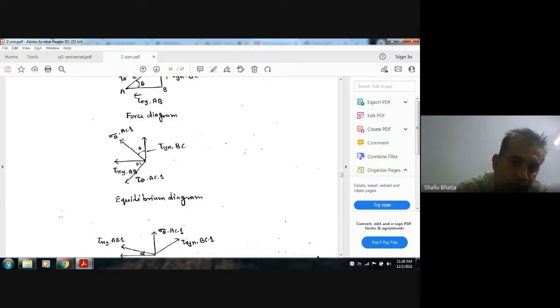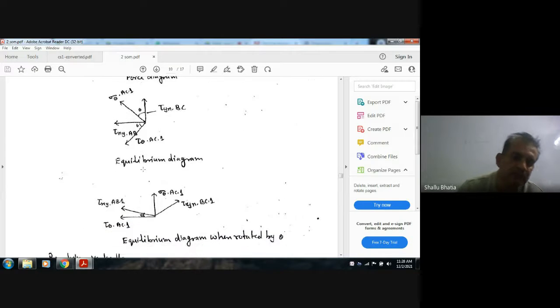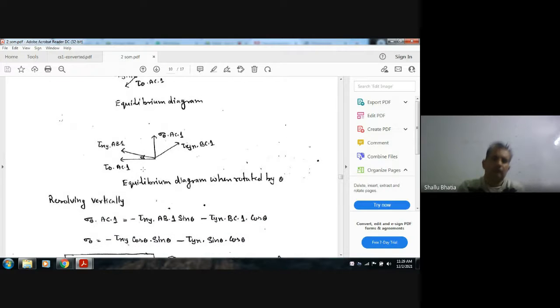To find out sigma theta and tau theta, we will rotate the diagram as we have done in previous articles, so that sigma theta becomes vertical and tau theta becomes horizontal. Now this is the equilibrium diagram when rotated by theta.